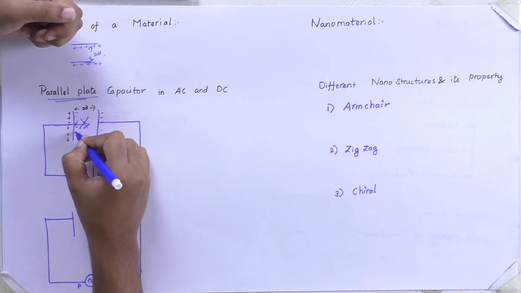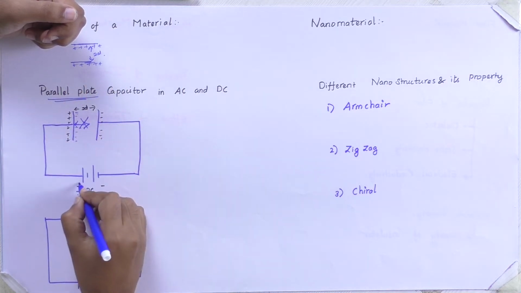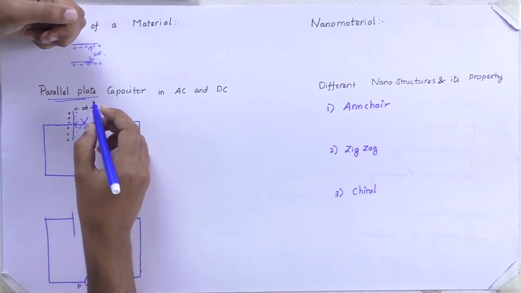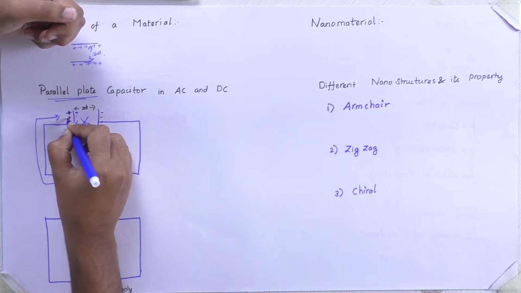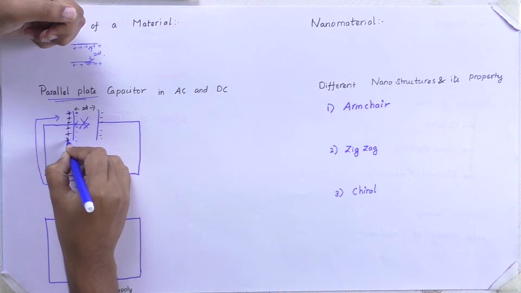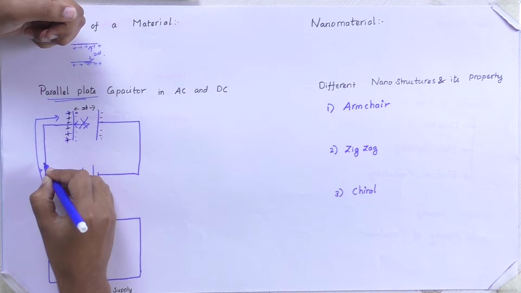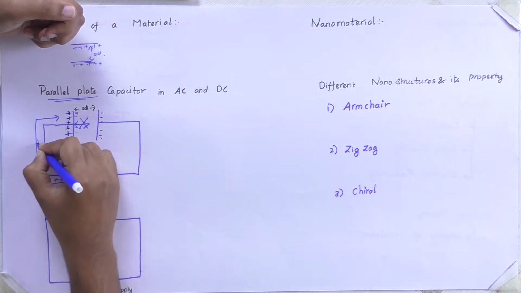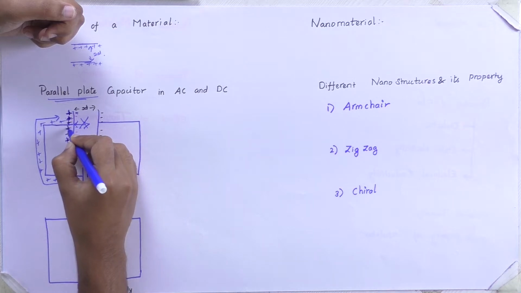The electric charges on the plate will accumulate. Here I am connecting a positive supply, so the positive charges will accumulate. Once the supply is connected, the positive charge will be discharged from the battery and stored on the surface of the plate.